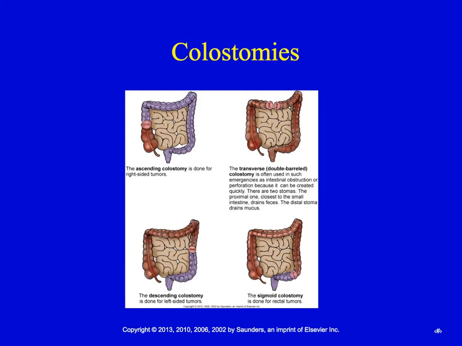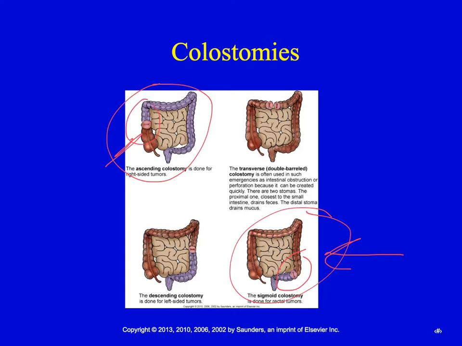So it's just important to know that there's different types of ostomies and they occur in different areas of the colon. So the big thing to think about with this is that for this one, the stool that comes from the colostomy is going to look different than this one. The stool in this one will be more formed because it's lower in the bowel.